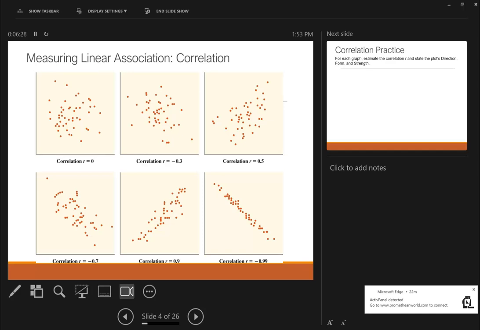So we have negative direction, but very weak or weak correlation. The third scatter plot has correlation 0.5. Again, it's a little bit easier to see an upward trend in our data. It still doesn't look very much like a line, but it's a little more clearly trending upward than the previous. Everybody's okay there?